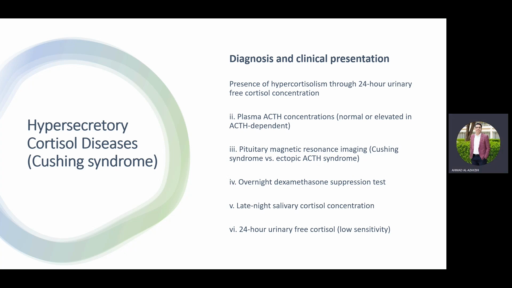How do we diagnose and characterize Cushing syndrome? Simply speaking, we can check the level of corticosteroid, check the level of ACTH, and do a pituitary MRI, an overnight dexamethasone suppression test, late-night salivary cortisol concentration, etc. With different ways, you can tell whether the patient has Cushing syndrome or Cushing disease, also based on clinical characteristics.